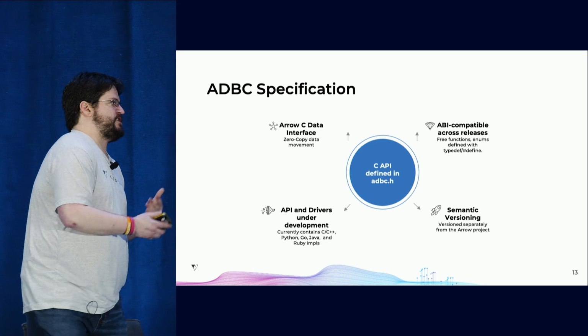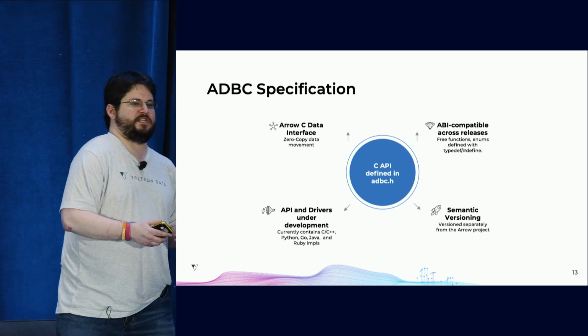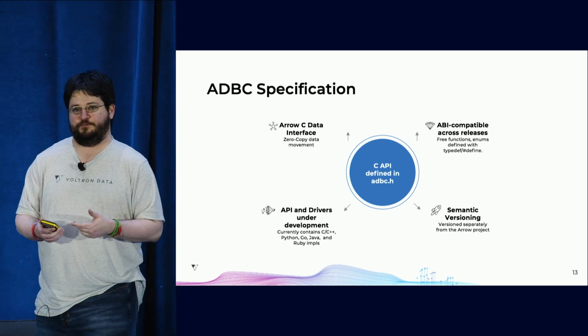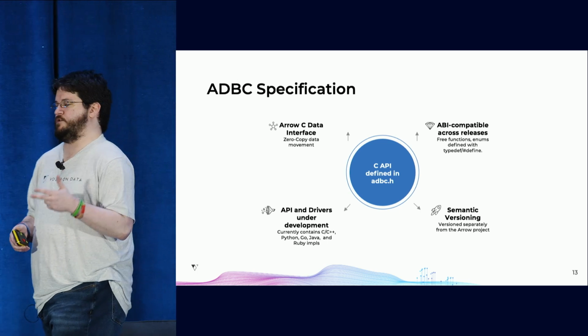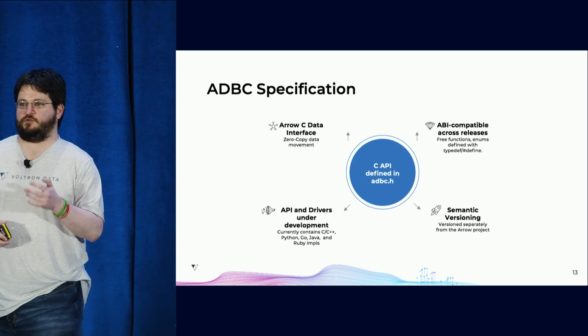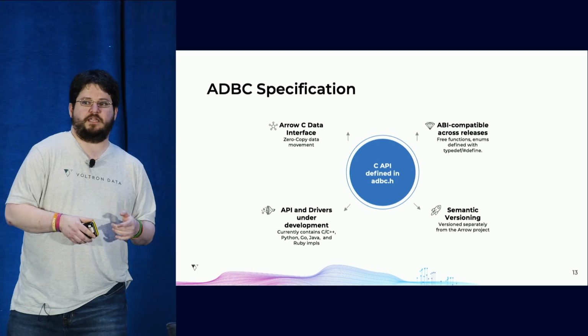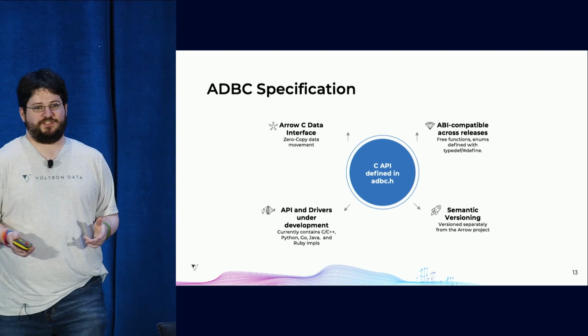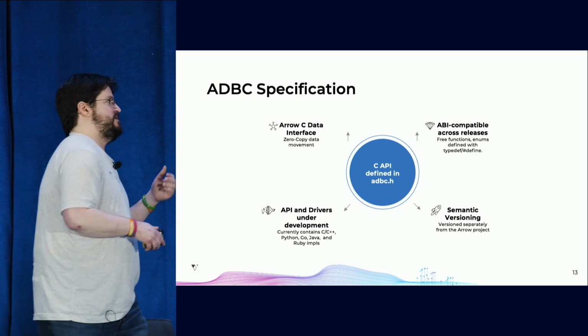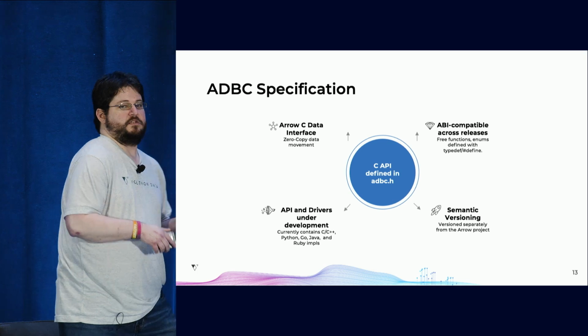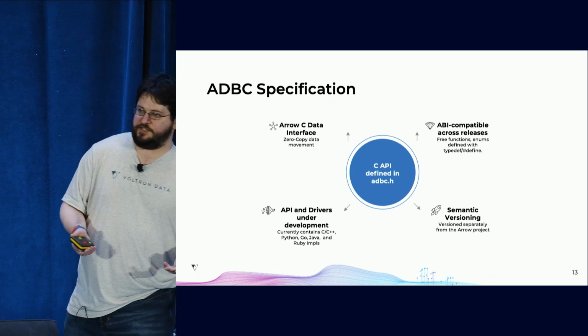The API and the drivers are still under development. We just released version 0.3.0, and that included SQLite, Postgres, and Arrow Flight SQL drivers. It also had implementations in C, C++, Java, Go, Python, and Ruby. Someone's building a Rust implementation also.